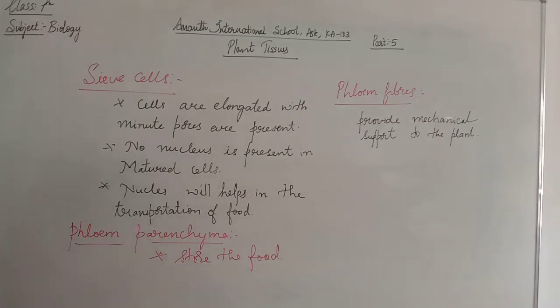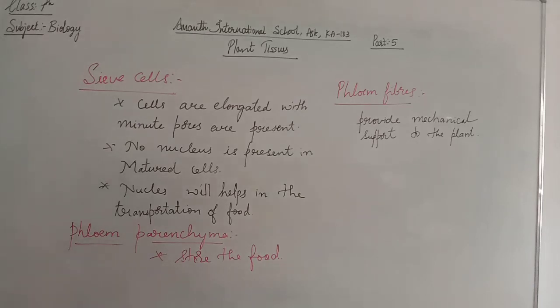So xylem tissue means water conducting tissue, phloem tissue means food conducting tissue. Xylem contains mainly 4 different types of cells, whereas phloem contains 3 different types of cells. Now we shall study the differences between the xylem and the phloem. Before that, xylem and phloem are called vascular bundles, which are present in the vascular plants.